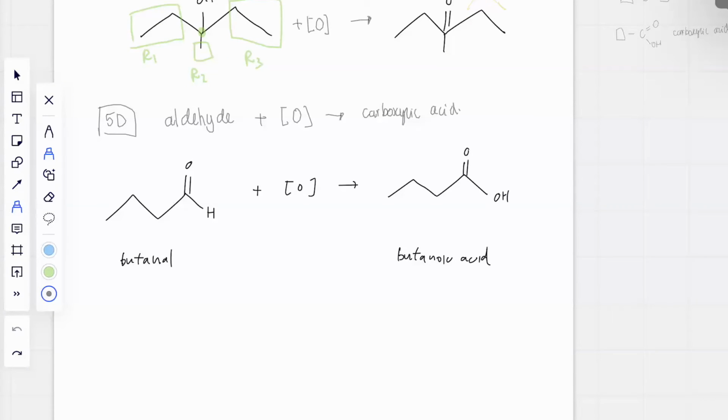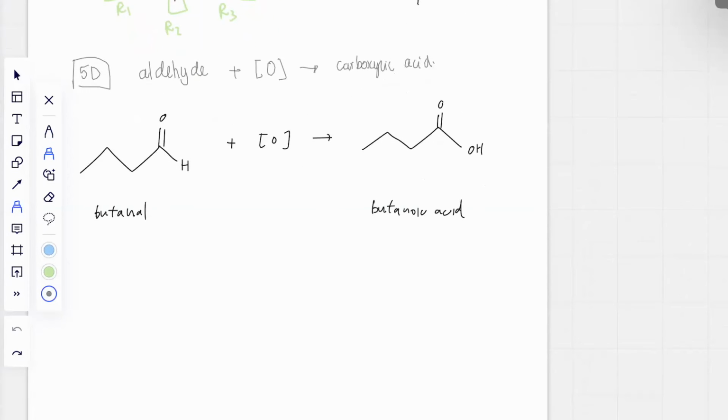Butanol, you get butanoic acid. Yeah, correct. Then correct. Then 5E.